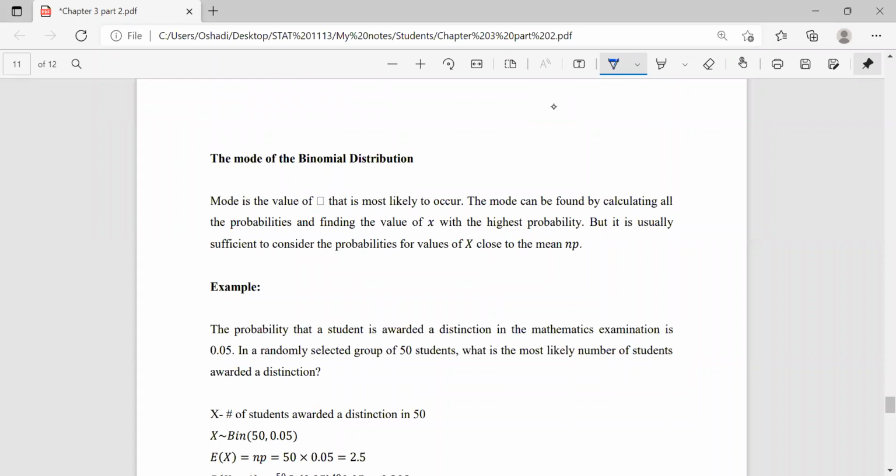Okay. The mode of the binomial distribution. What is meant by mode? You know what the mode is, right?